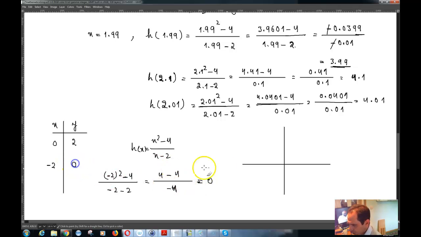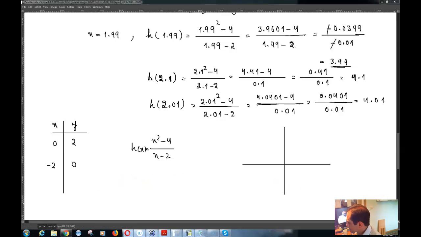So one of the points is (0, 2), and one of the other points is (negative 2, 0), and your function goes through these 2 points. This is the graph of the function. This is y and this is x.